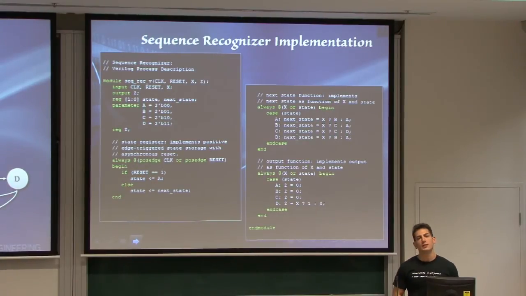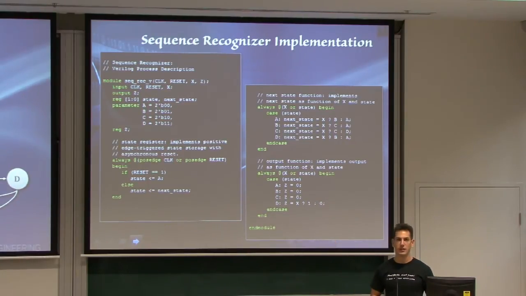I will start by saying this is by no means the only way to implement this state diagram.